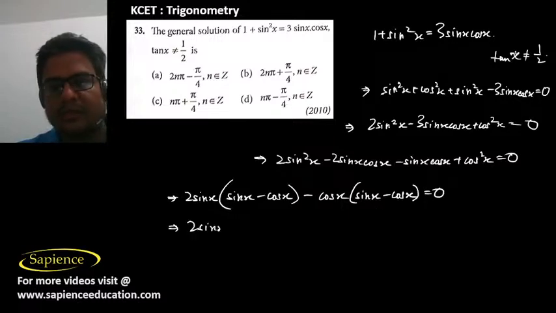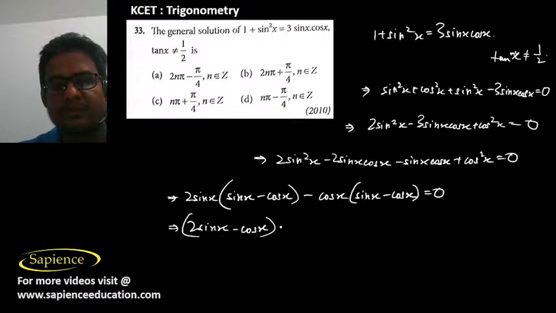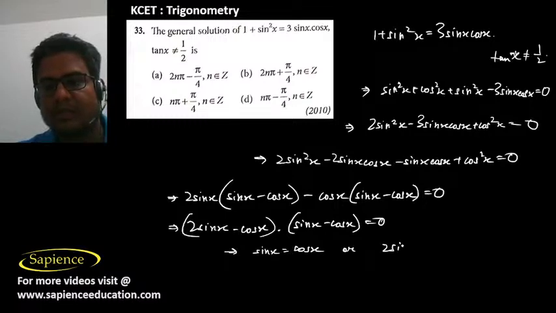So then 2 sine x minus cos x into sine x minus cos x equal to 0. So either sine x equal to cos x, or 2 sine x equal to cos x.